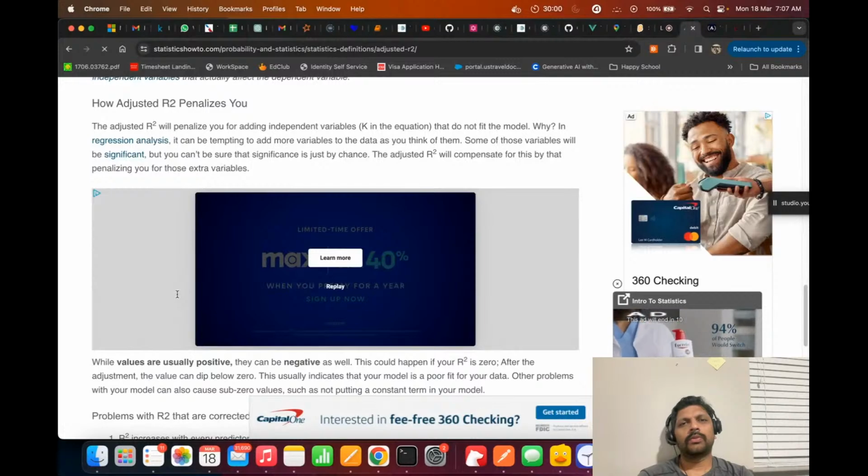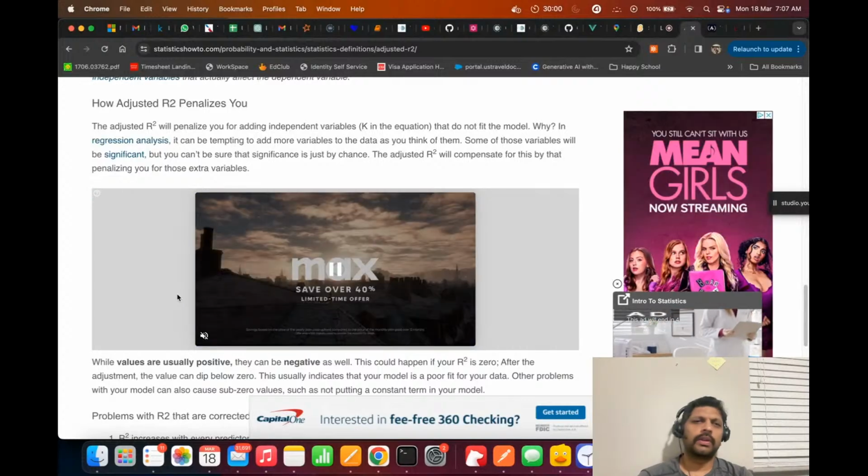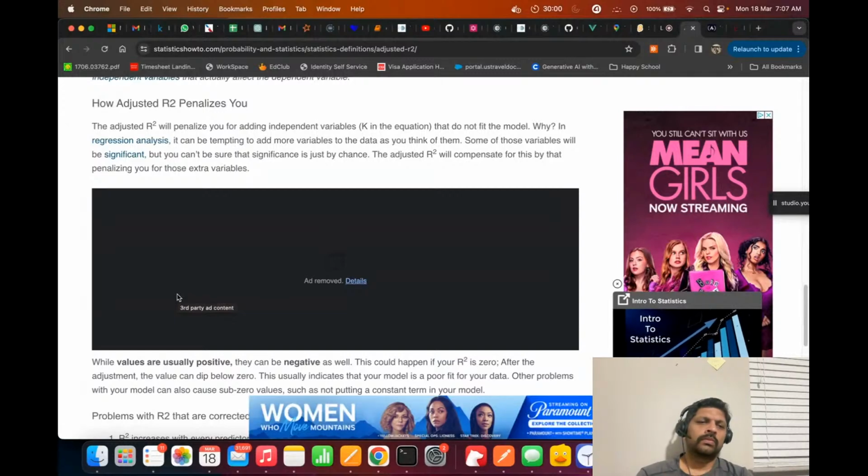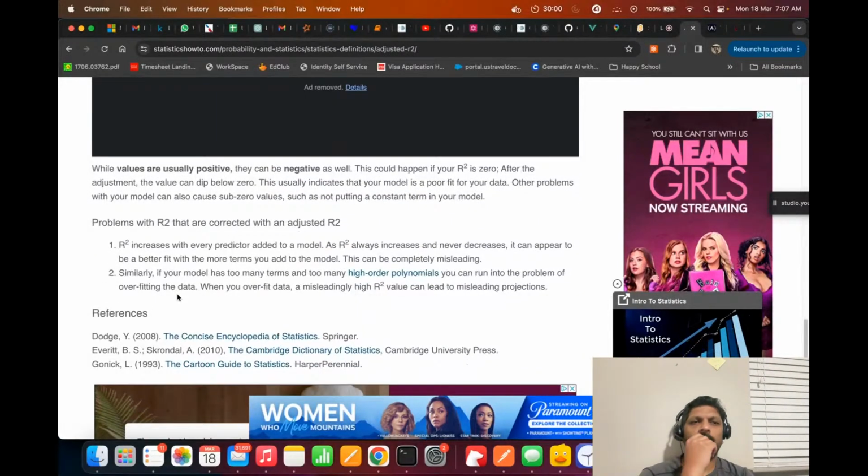And add more variables to the data as you think of them. Some of the variables will be significant, but you can't be sure that significance is not just by chance. That's extra. While values are usually positive, they can be negative.